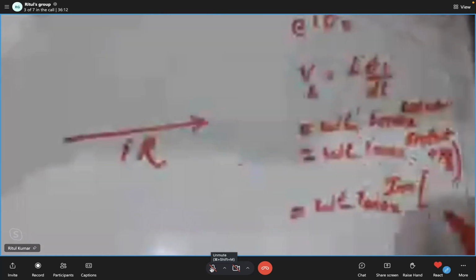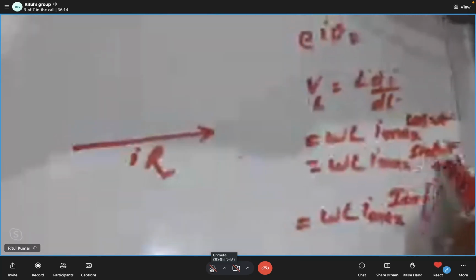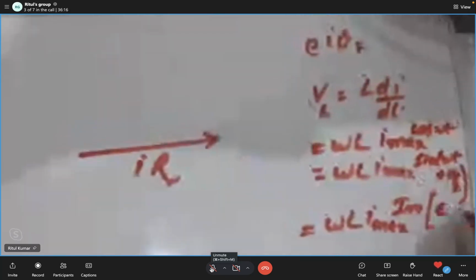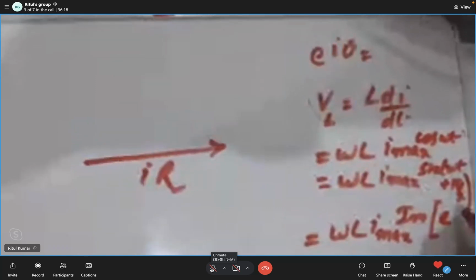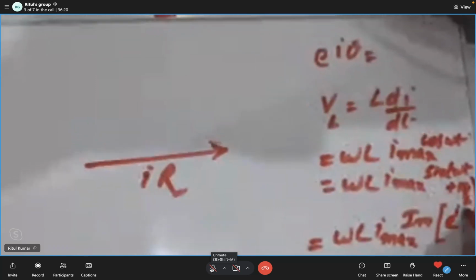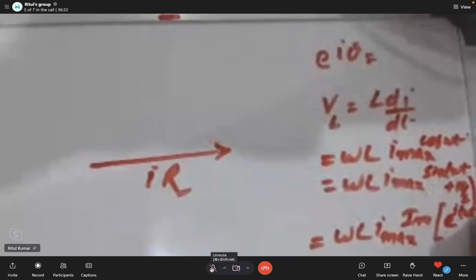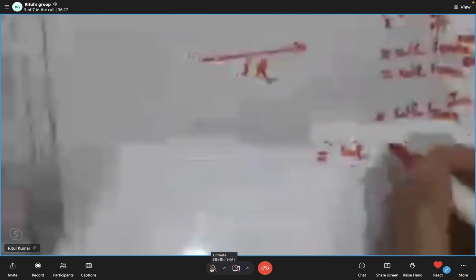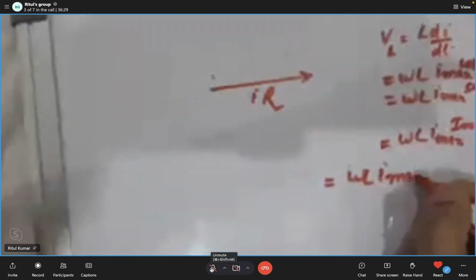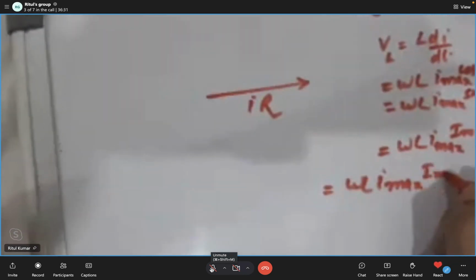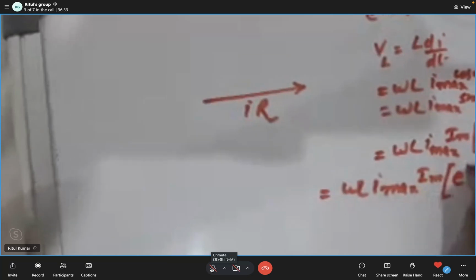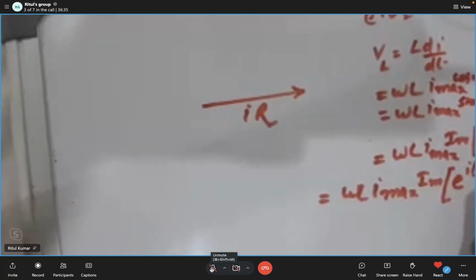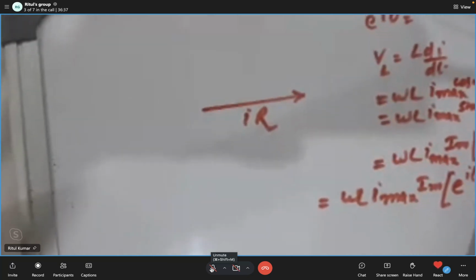I'll come to it later. Now, what do we do over here? E raised to the power this imaginary of which part? I bracket open omega t plus pi by 2, correct? Check the Euler form. Let me write it down over here. Omega L I max imaginary of which term? E raised to the power i omega t plus pi by 2, right?